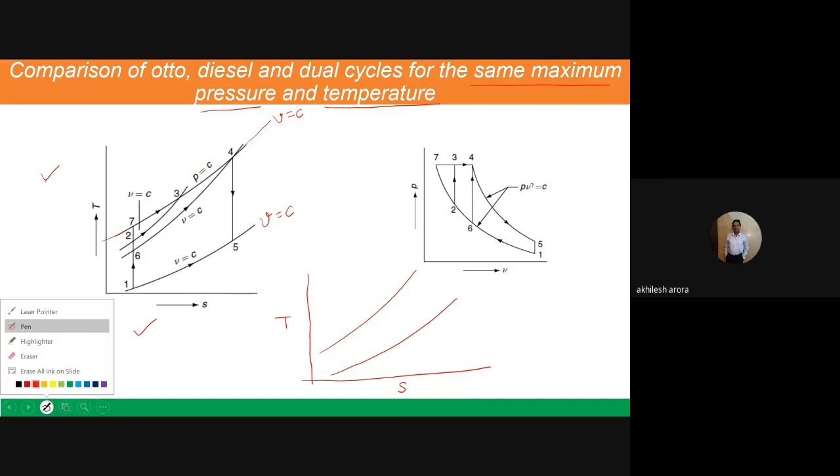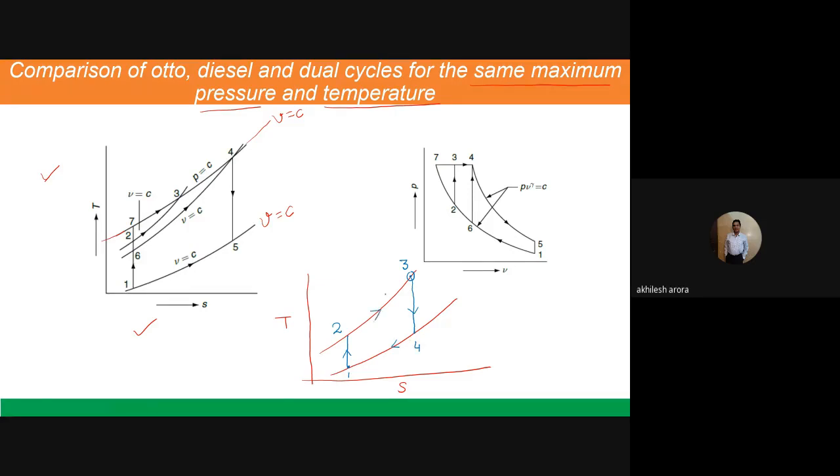So 1 to 2 is reversible adiabatic compression, followed by heat supplied at constant volume. This is point number 3. Then 3 to 4 is reversible adiabatic expansion in case of Otto cycle. Then 4 to 1 is the heat rejected. 2 to 3 was heat supplied and 4 to 1 is the heat rejected. So now I have drawn the Otto cycle.